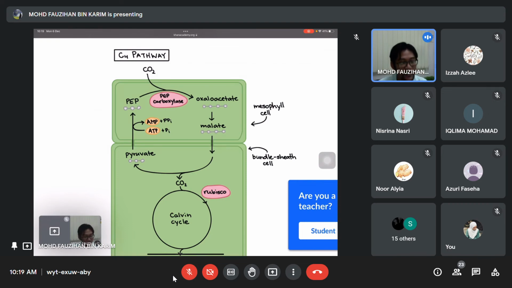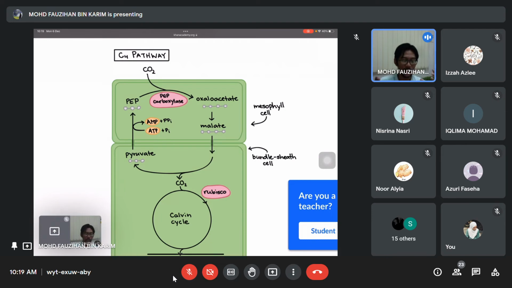Still got a chance to make carbohydrate, even though there is competition between carbon dioxide and oxygen, right? But in the C4 plants, because of the low temperature, the enzyme is not activated properly. Carbon dioxide cannot be fixed because of the weakness of the PEP carboxylase enzyme, right?